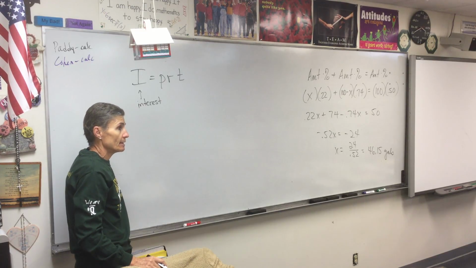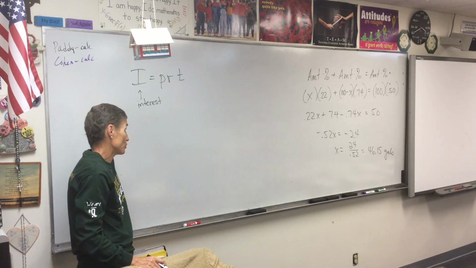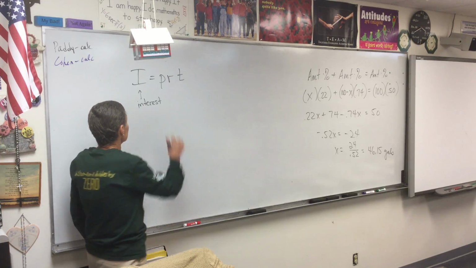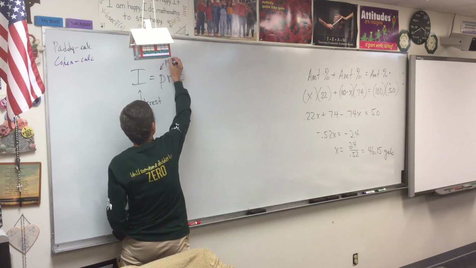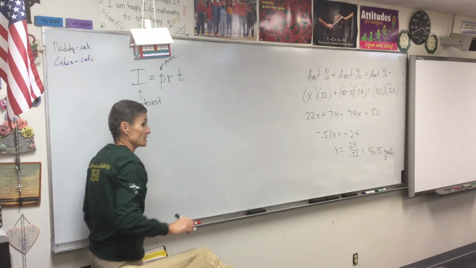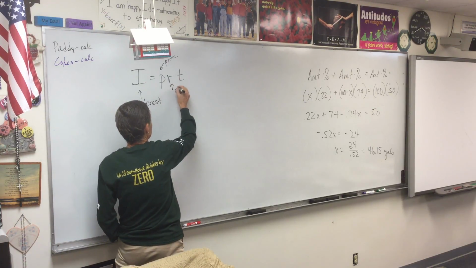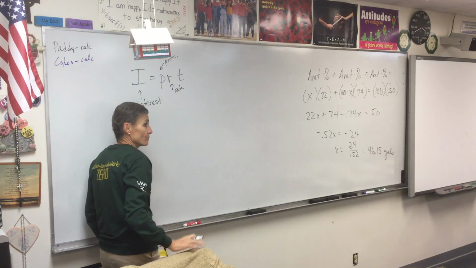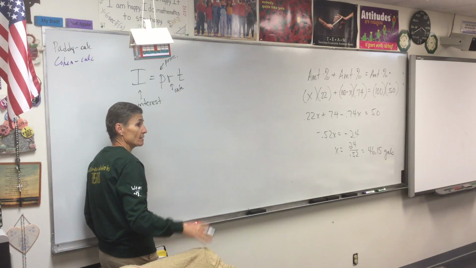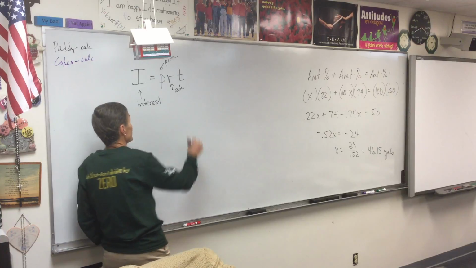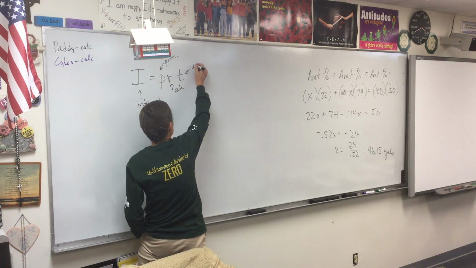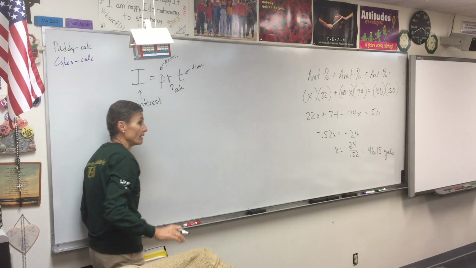Interest is what the bank gives you for you putting your money in there. P stands for principal. And the principal is the amount of money you put in. R is the interest rate, the rate of interest. So whether it's 4% or 1.5%, whatever it is. And T stands for the number of years. Okay?